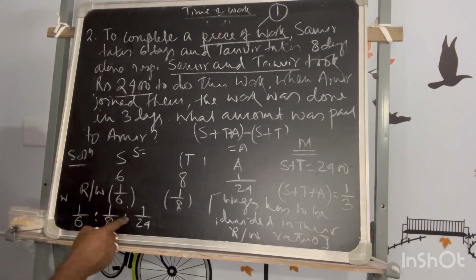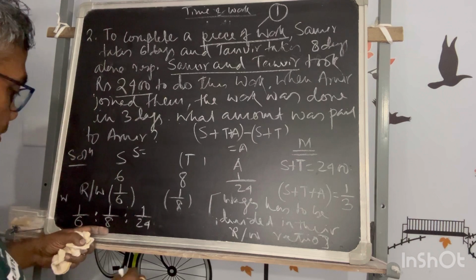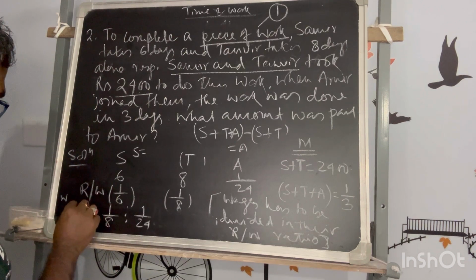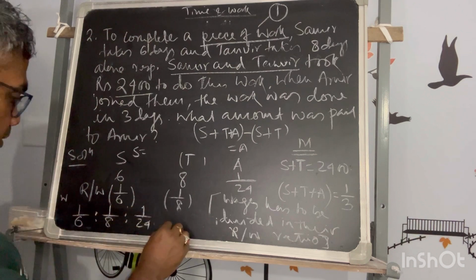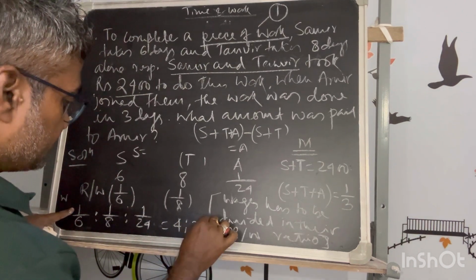So now I will multiply all of this by 24. So how much will the ratio be? I have to multiply by 24. That means it will be 4:3:1.